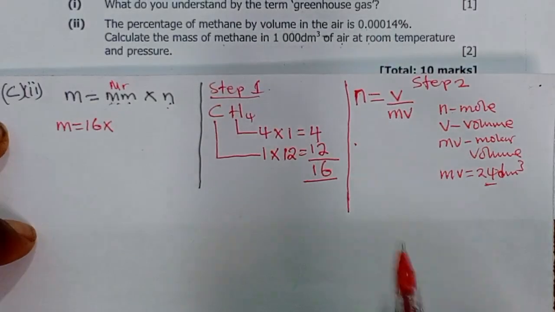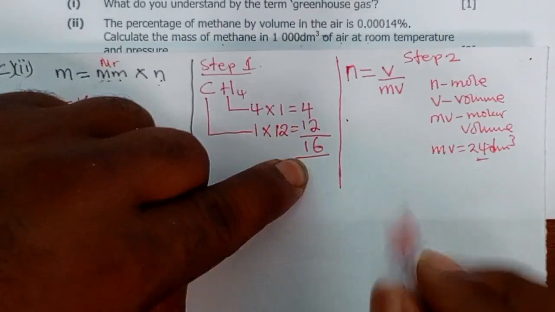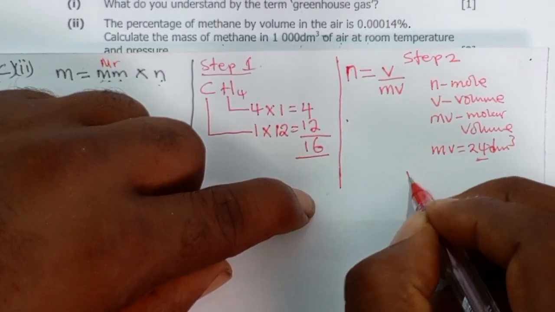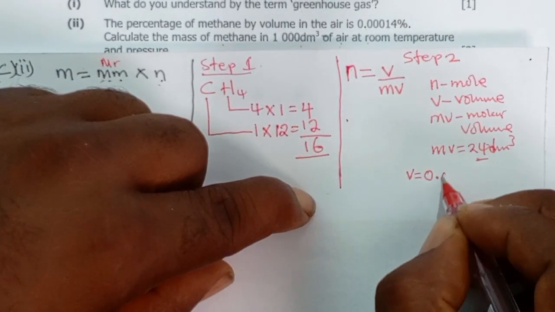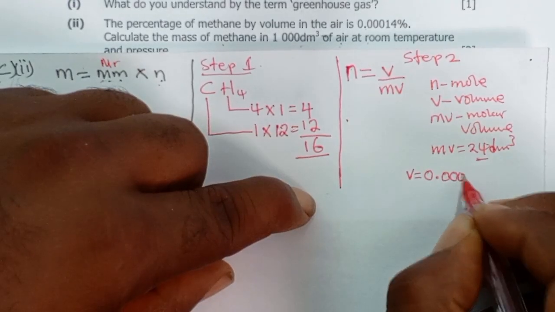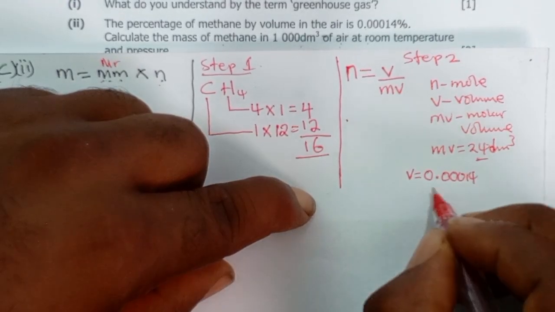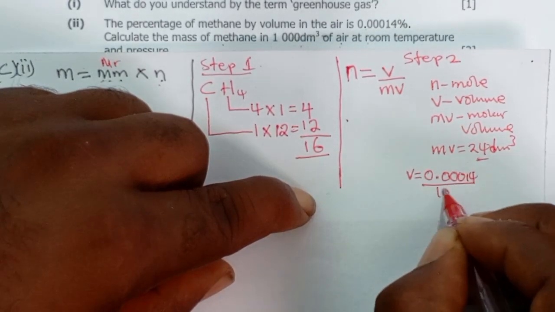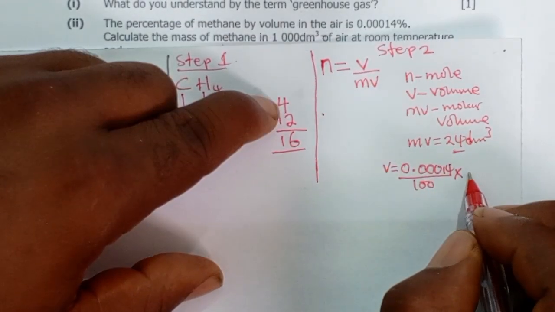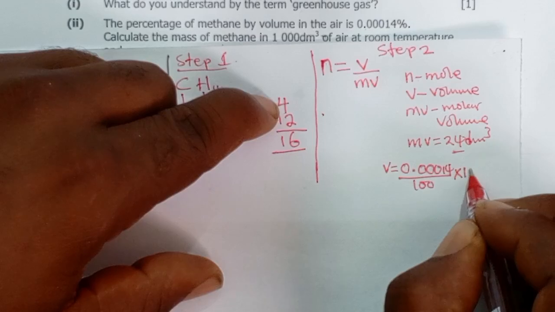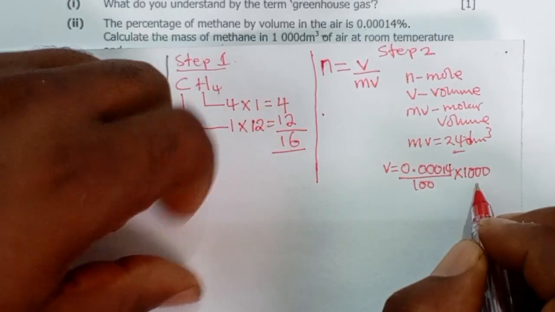So here I'll say volume is equal to the percentage, 0.00014 over 100%, times the total volume of air, which is 1000 decimeters cubed.